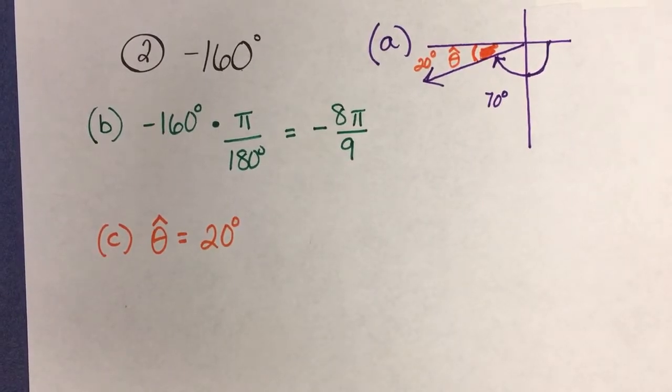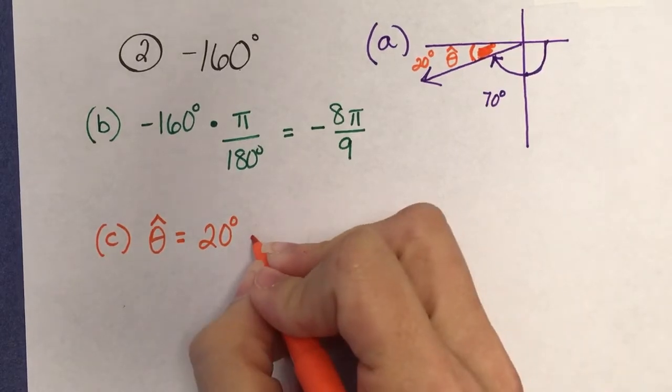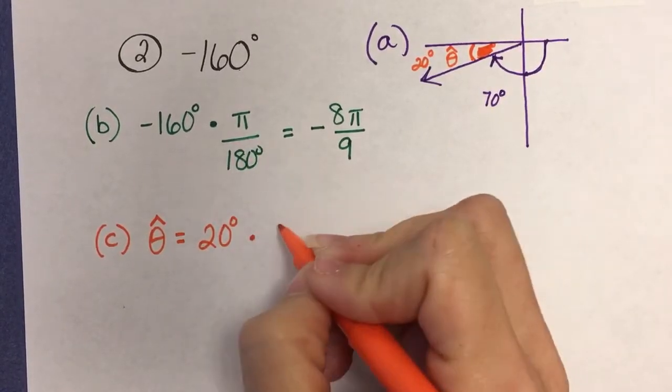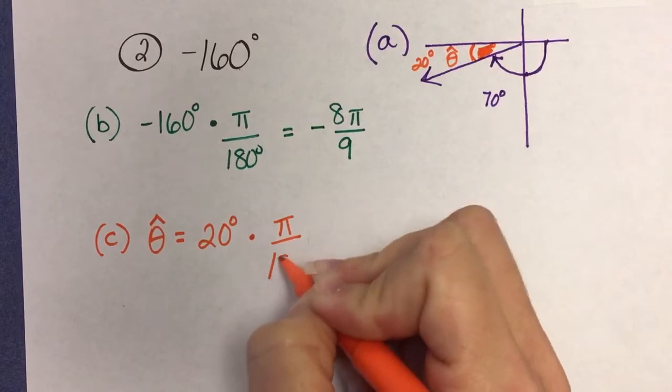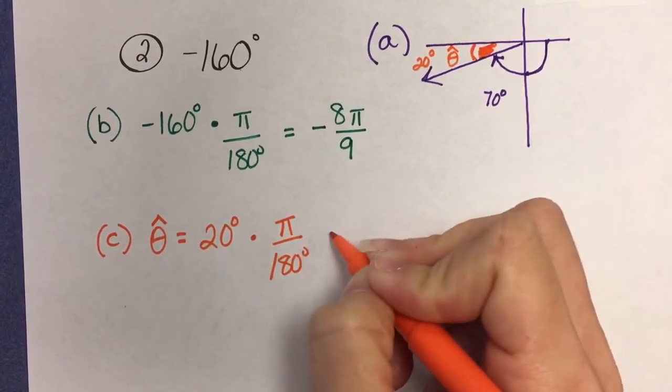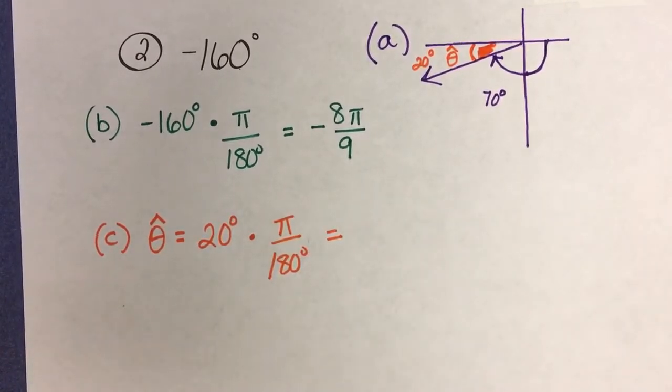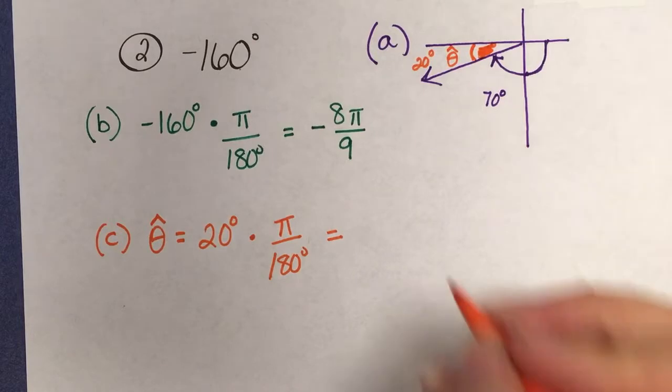Now, a while ago, on that first example, I had 45 degrees, and I was just able to get that straight off that list. 20 degrees is not one of those that we work with a lot, so you're going to have to go ahead and, just like I did on B part, multiply by pi over 180. So if you do your 20 divided by your 180, you're going to get 1/9.